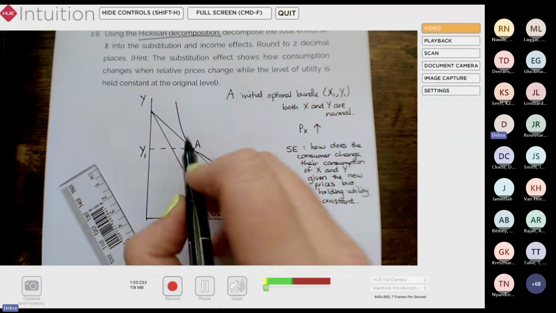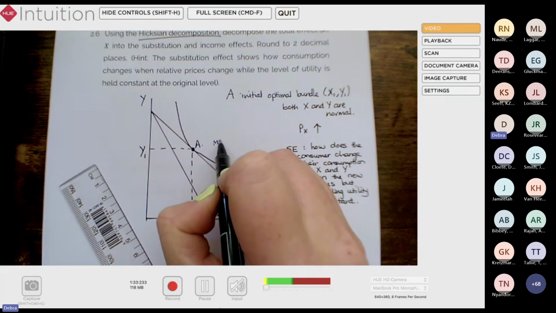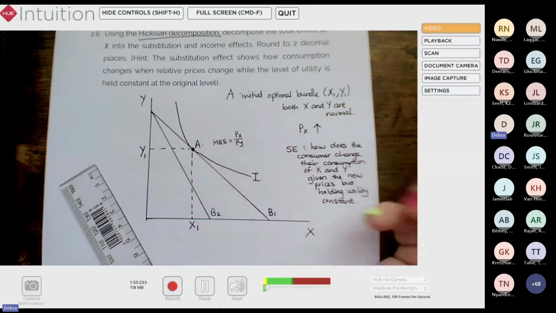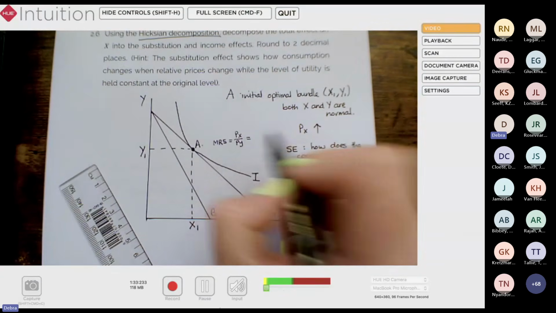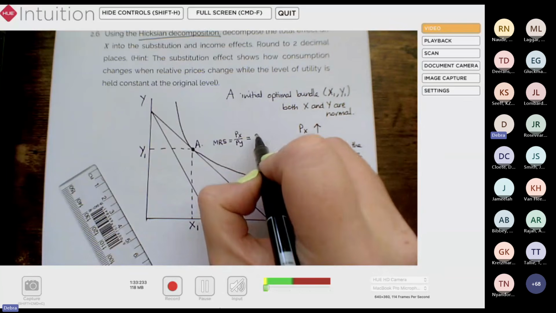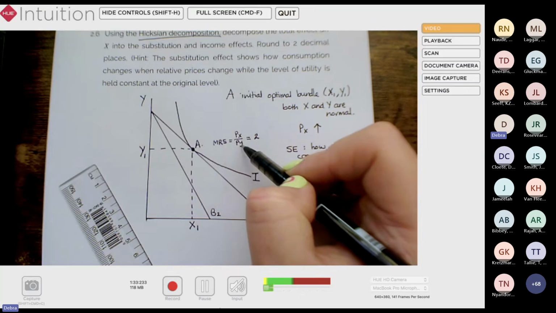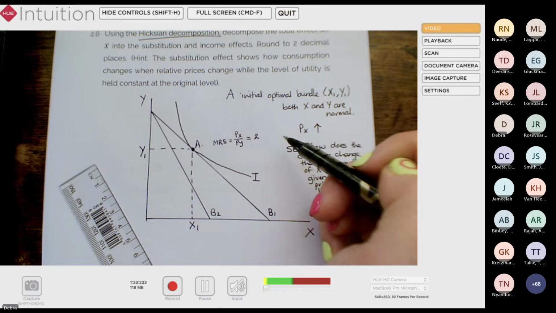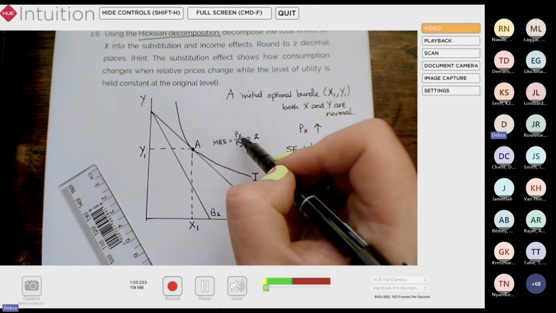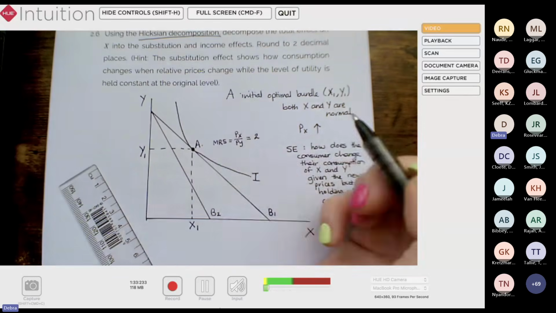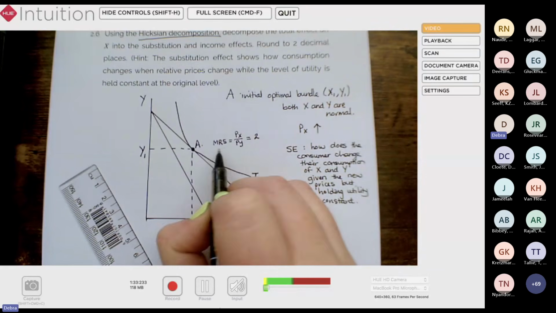At point A here, our marginal rate of substitution was equal to the price of X over the price of Y, which originally was 4/2, which was 2. But now the price of X over the price of Y has changed. The price of X has gone up, which means now at A, this is no longer true.